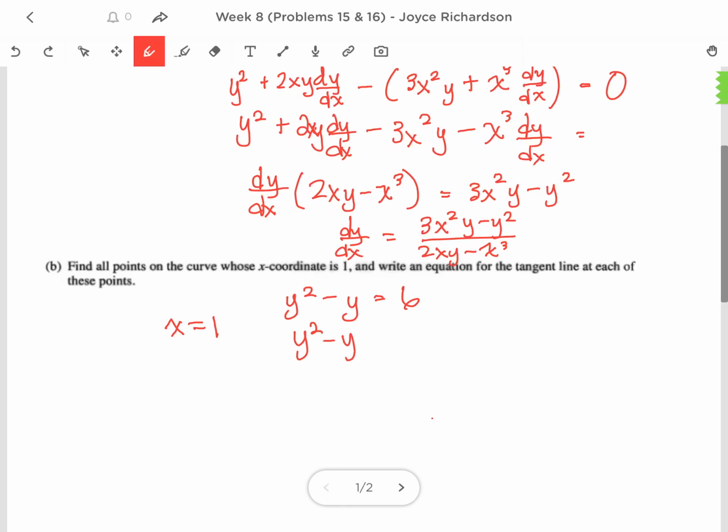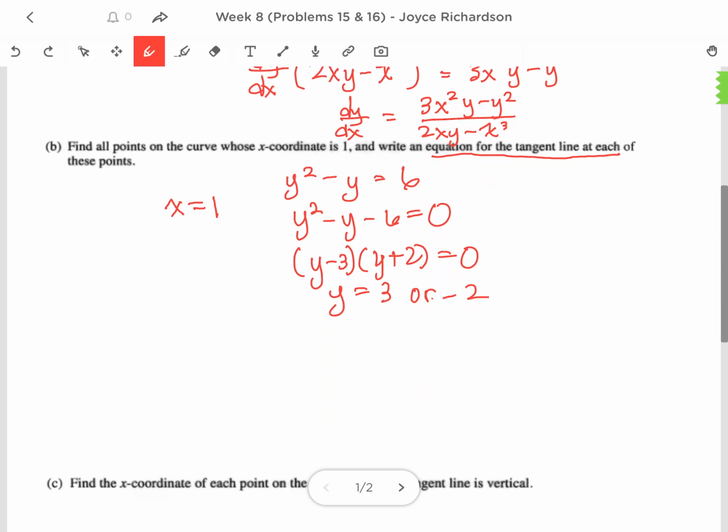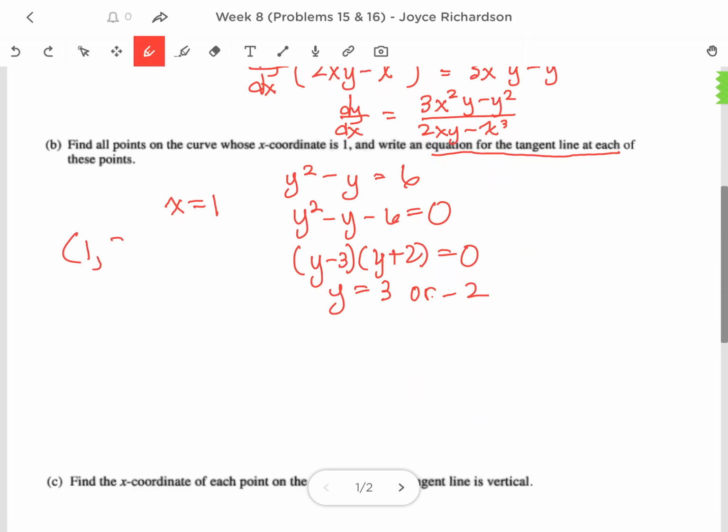And then when you solved, y squared minus y minus 6 equals 0, y minus 3 times y plus 2, so y is equal to 3 or negative 2. Now they're asking you to find all points on the curve and write the equation of the tangent line. So a lot of you got the slope. Okay, so we've got 1 comma 3 and we've got 1 comma negative 2.